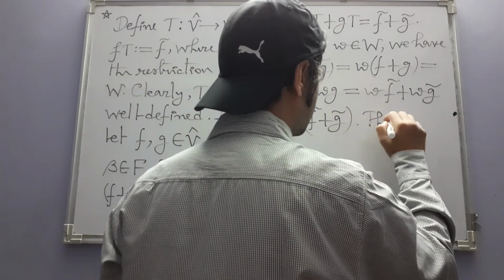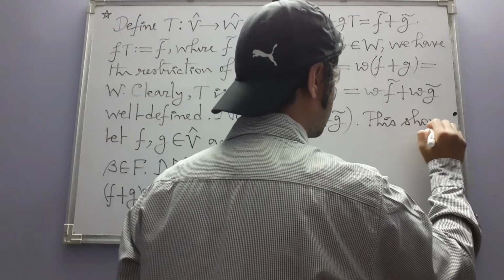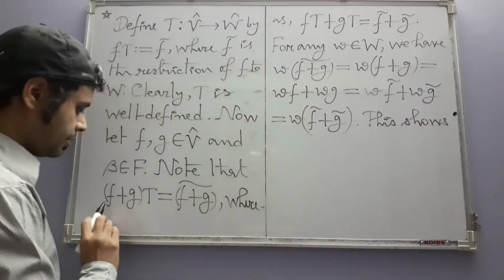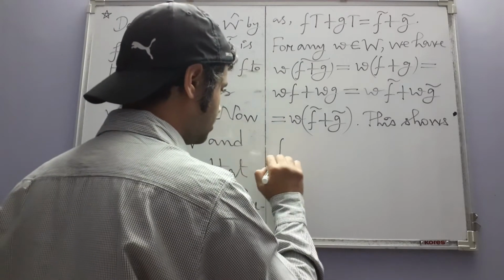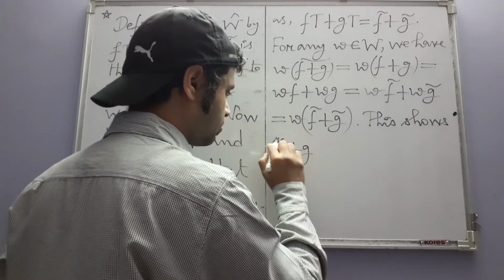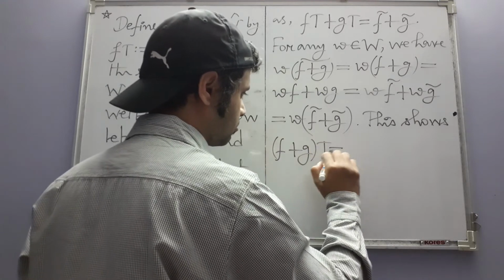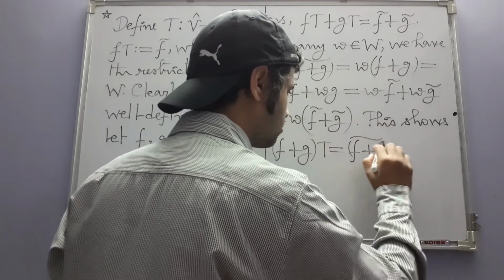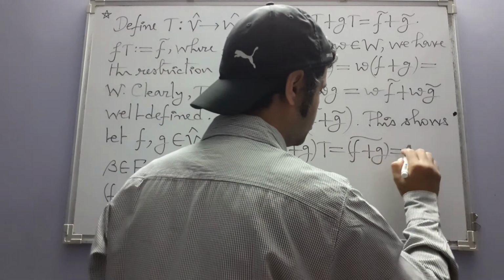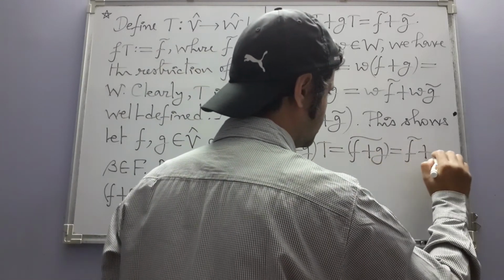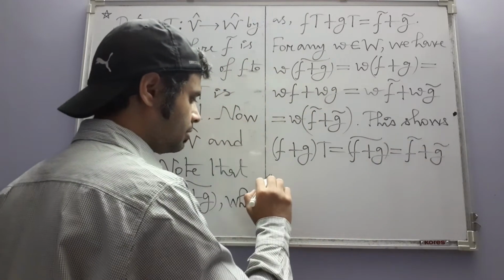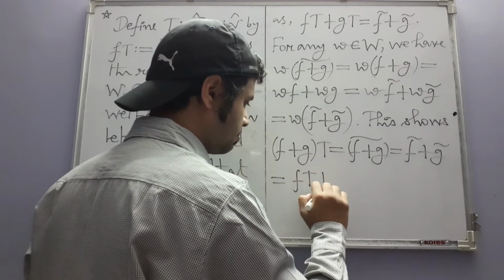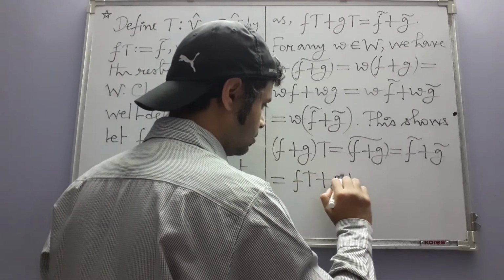This shows that, let us start from here. This is equal to F tilde plus G tilde, and that is nothing but F T plus G T.